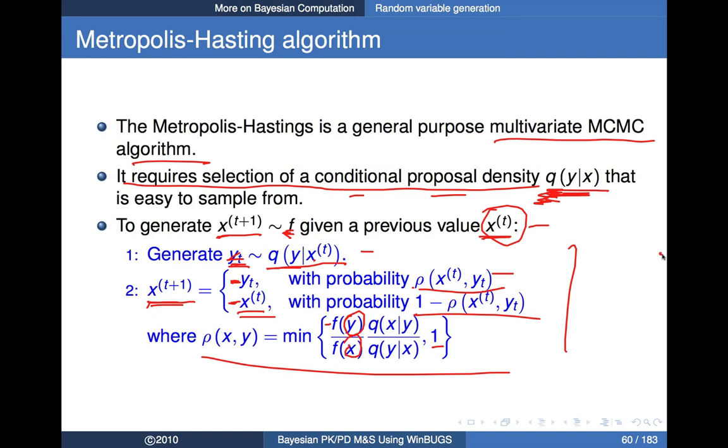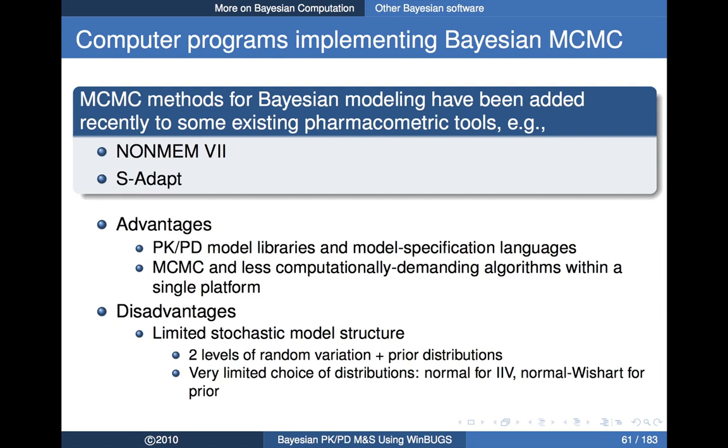Okay. Let's move past the algorithms and talk a bit about some of the computer programs that are out there. As I've already said, we're going to be focusing on using WinBUGS in the course, but I should make you aware of some other tools that are out there, and I sort of broke them down into two broad classes here.